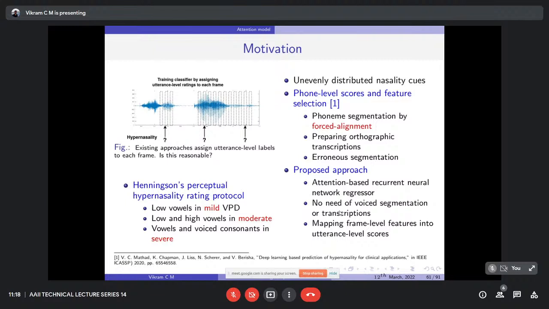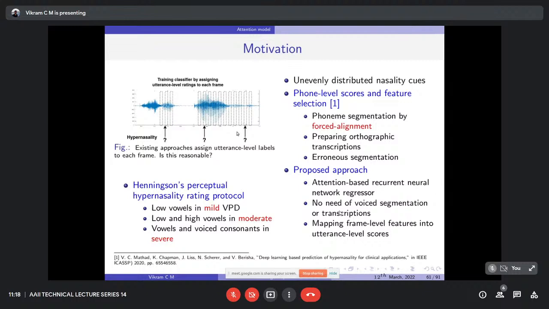Then, if we extract frame-level features from the utterances, we assign those labels to each and every frame. So we have the utterance-level label in hand, but our features are at the frame level, and we need to assign the label to every frame in the speech signal.